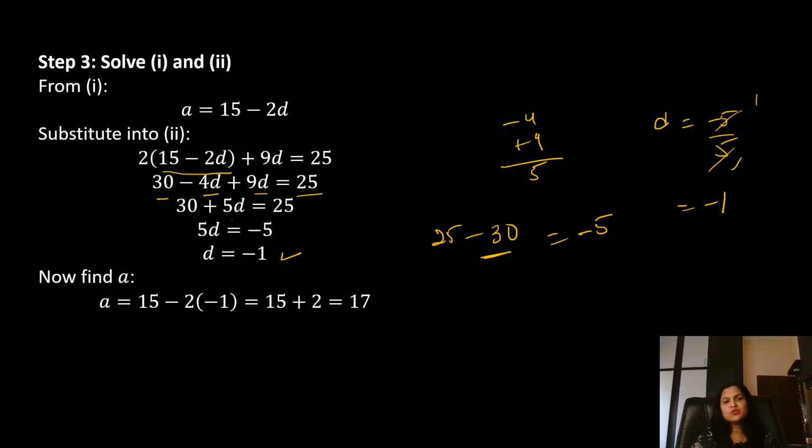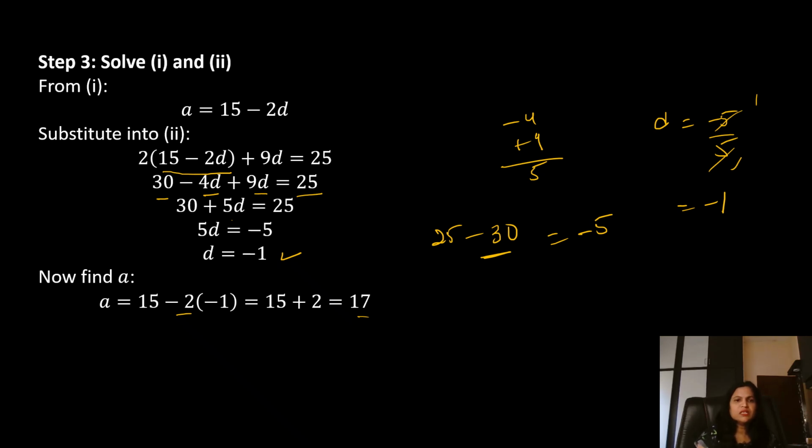Now substitute the d value into a: a equal to 15 minus 2 into (minus 1), because d is minus 1. Minus of minus is plus, 15 plus 2, that is 17. A equal to 17, d equal to minus 1.